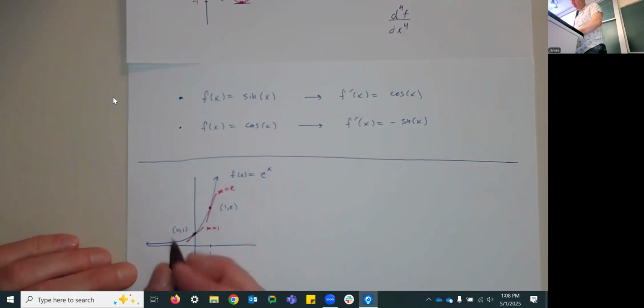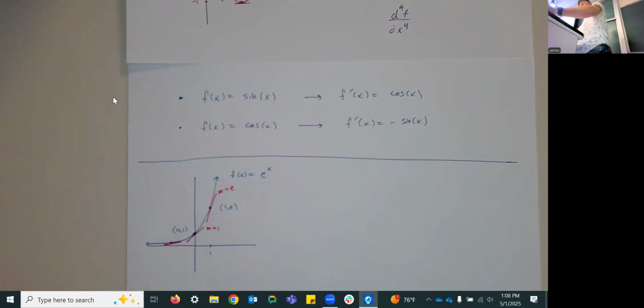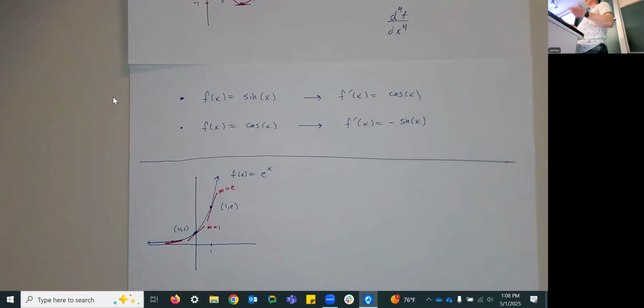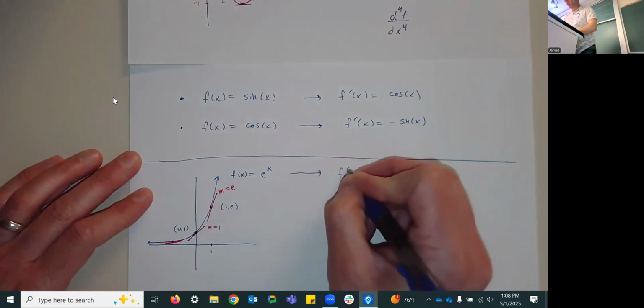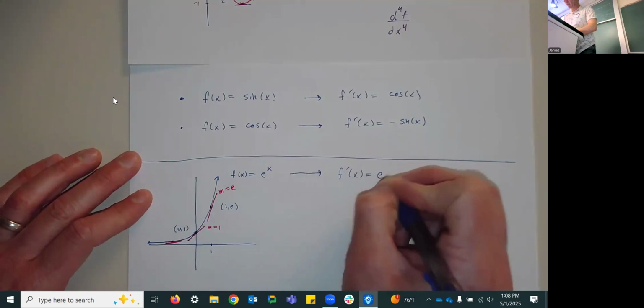Right over here, whatever my y value is, the slope of the tangent line is that value. Or phrased another way, f of x equal to e to the x is the only function that is its own derivative. Exactly, I should say, or a multiple of it. But so the derivative of e to the x is e to the x.